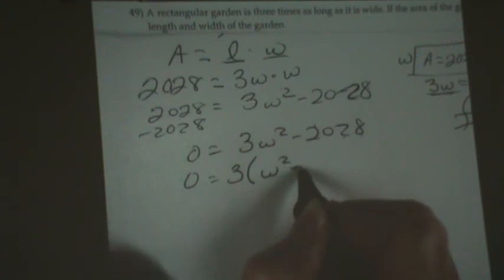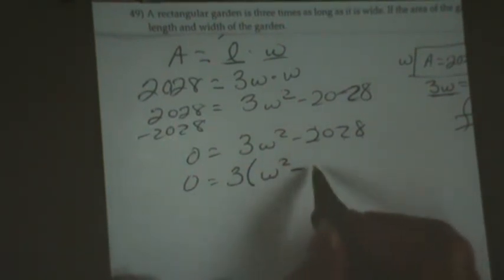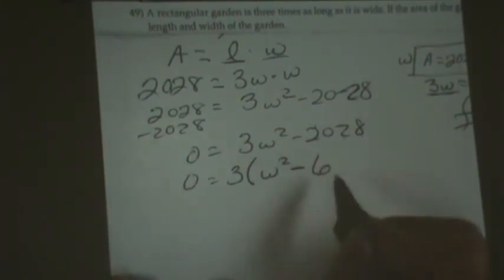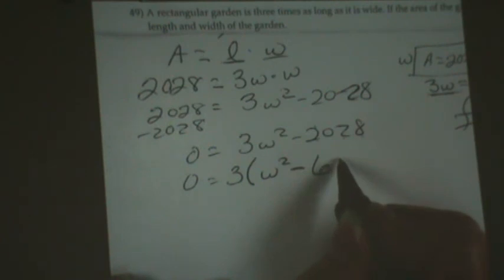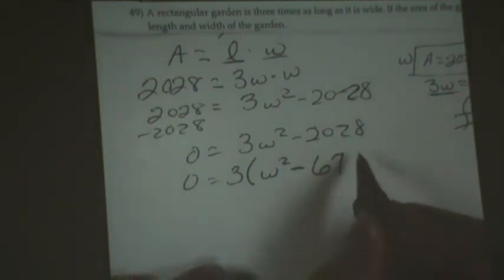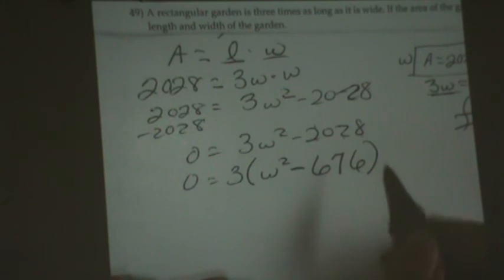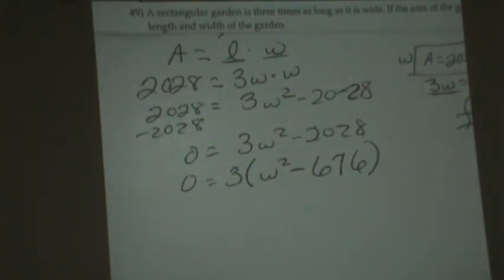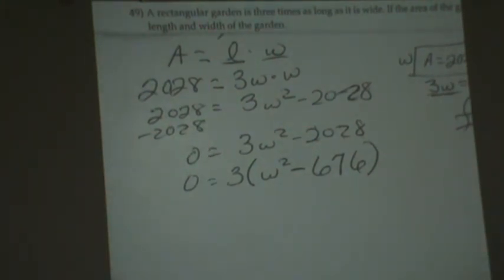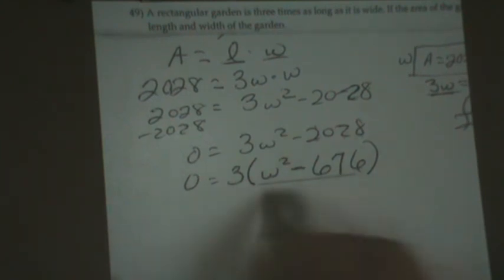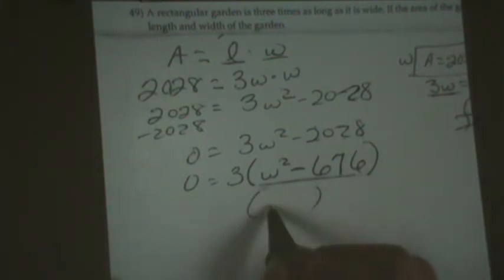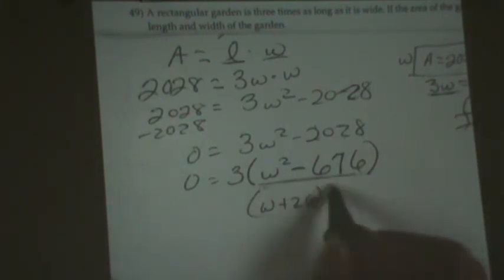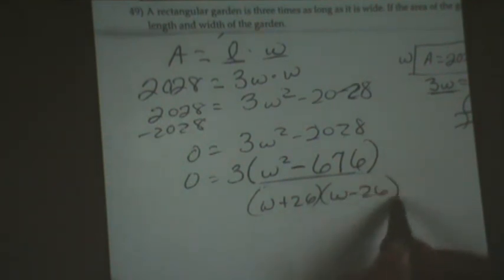W squared minus what? 676. What's the square root of 676? 26. This is a difference of squares. So you have plus 26, minus 26.